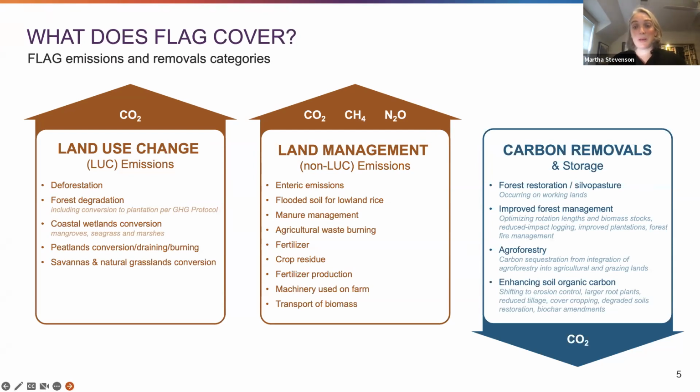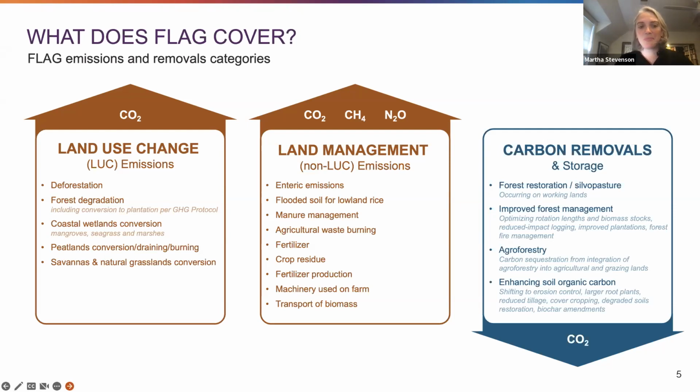We also have a secret weapon in this sector, as Louise alluded to, where we can provide carbon removals as part of our climate action pursuits as well. This includes activities like integrating tree systems into pasture through silvopasture, improving forest management to increase sequestration, and also implementing agroforestry and enhancing soil carbon practices like the addition of biochar.